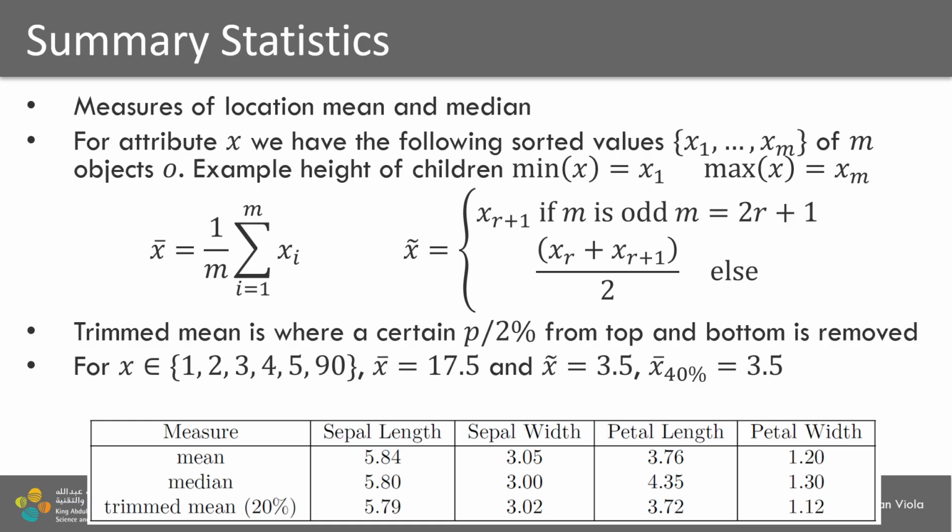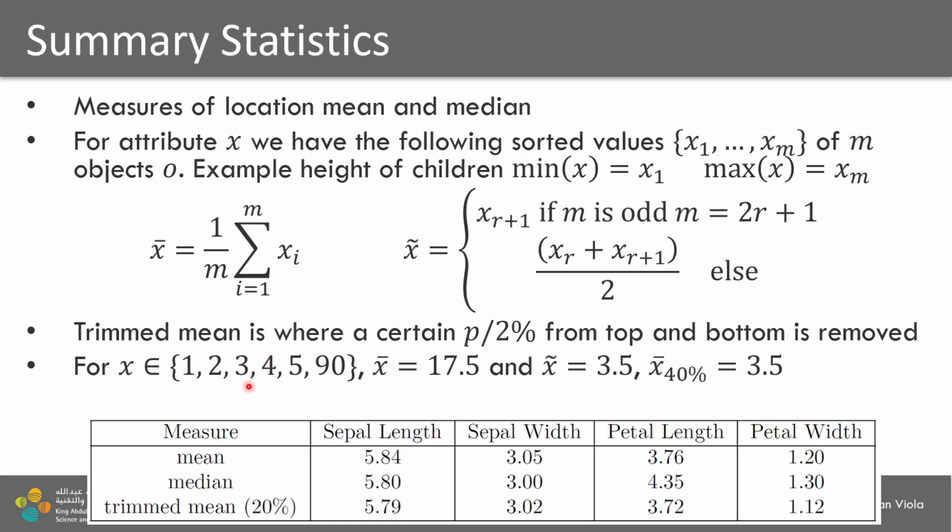Overall, we remove 10% of the data from the top and bottom, where the outliers will be either minimal or maximal values, and then we compute the mean. For example, with something similar, 1, 2, 3, 4, 5, and 90, the mean is 17.5, but the median here would be 3.5, much closer to the trend.